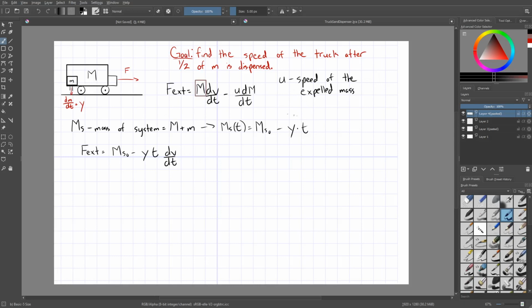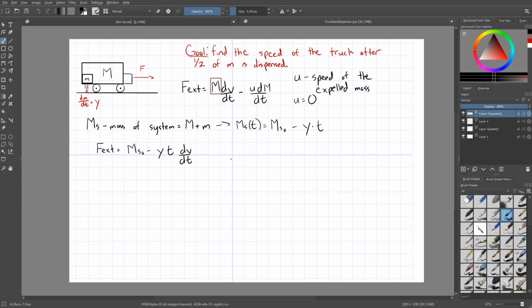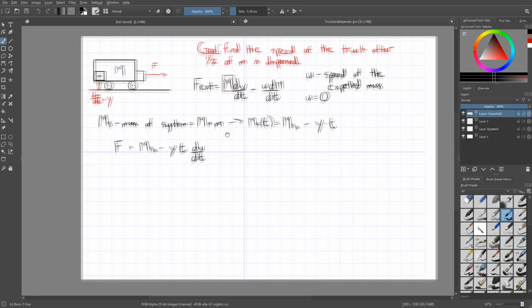Therefore, u equals 0, meaning that this entire term drops out. So I'll write F external as just F, since we just have this one horizontal force F on the car. Here is our little equation of motion.